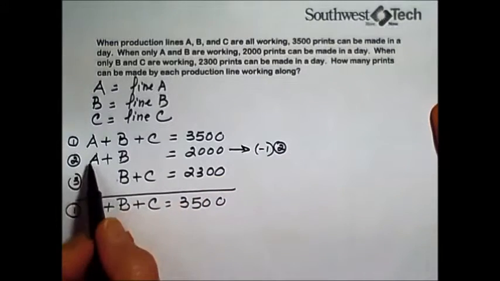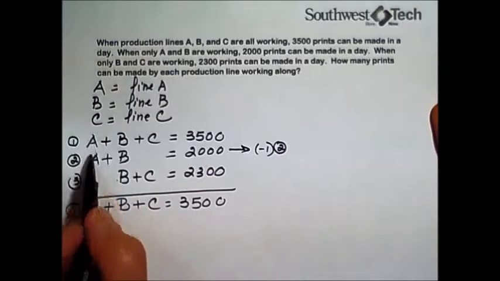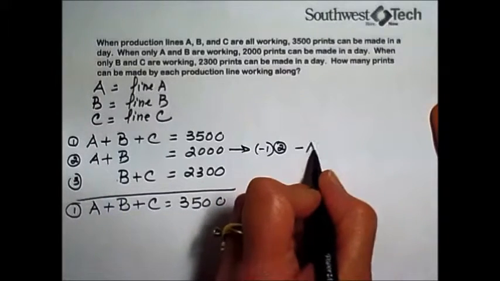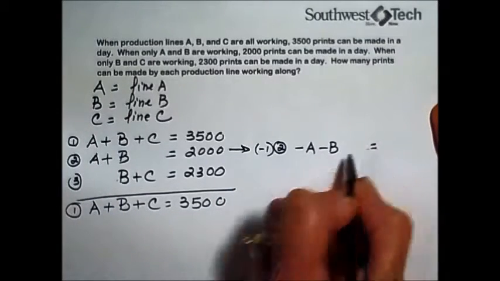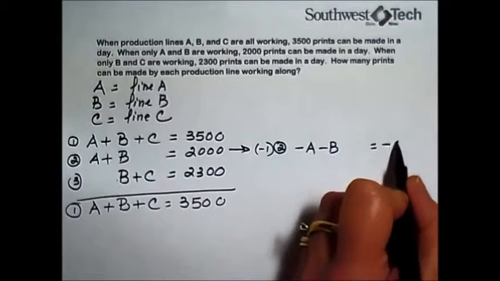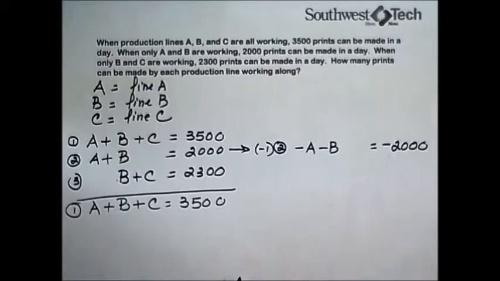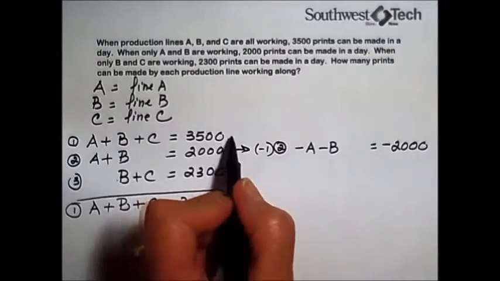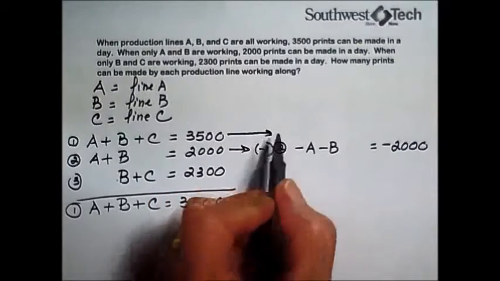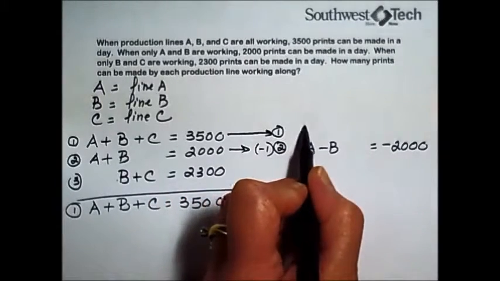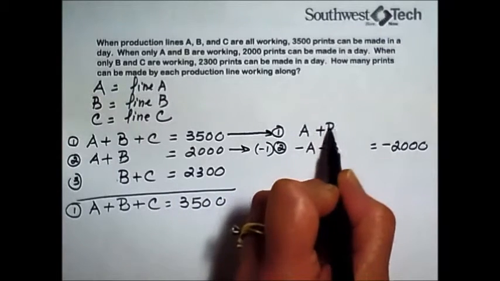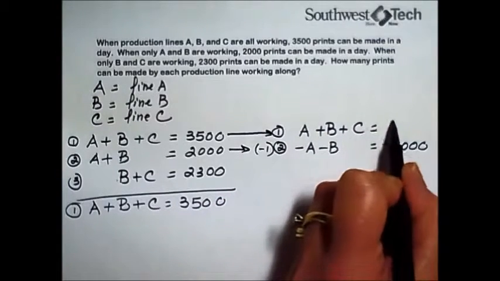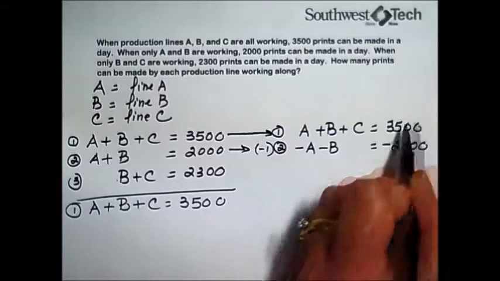Well, multiplying by a -1 with the idea of eliminating this A will give us a -A, a -B, and multiplying 2,000 by a -1 gives us a -2,000. Equation number 1 we will leave as is, which is A plus B plus C equals 3,500.